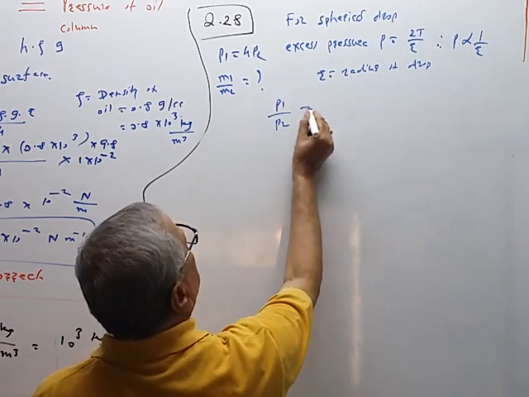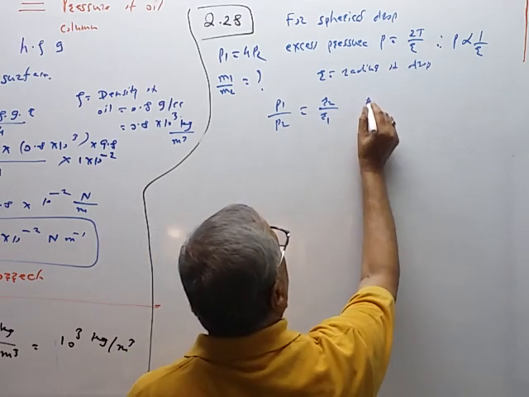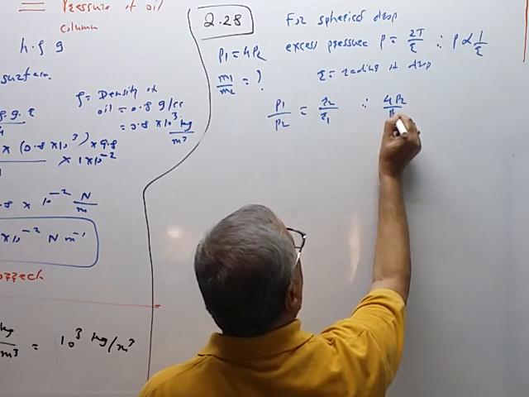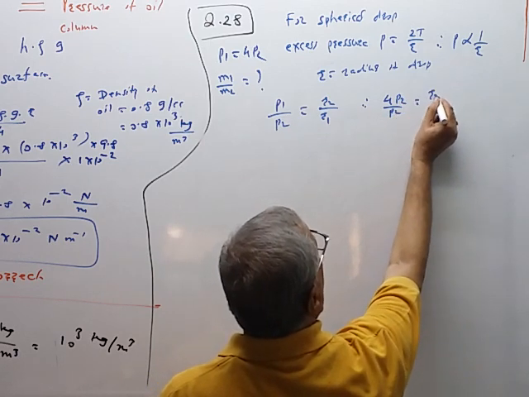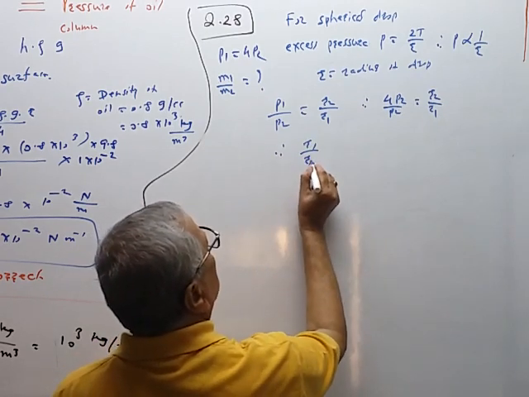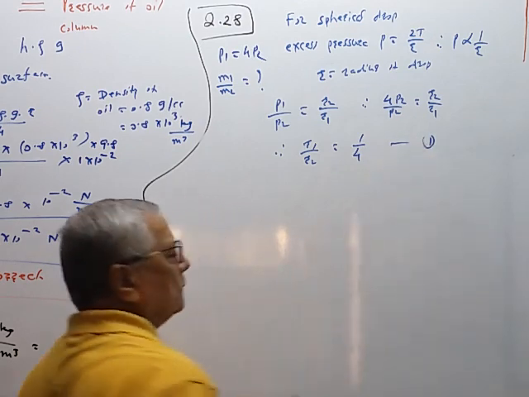So P1 upon P2 is equal to R2 upon R1. Therefore 4 times P2 upon P2 is equal to R2 upon R1. Therefore R1 upon R2 is equal to 1 by 4, equation 1.